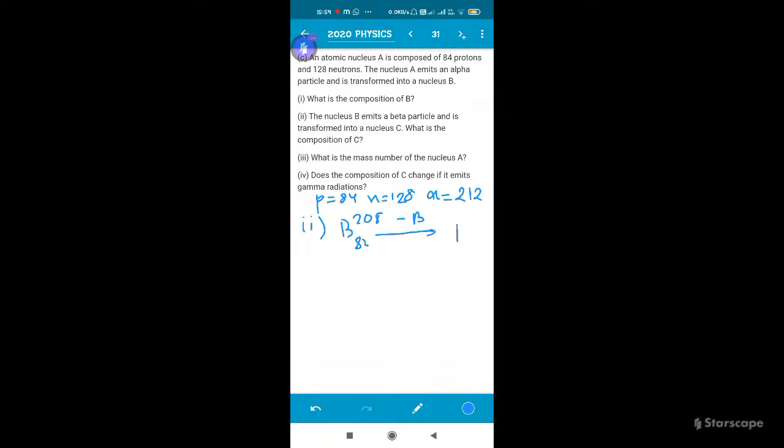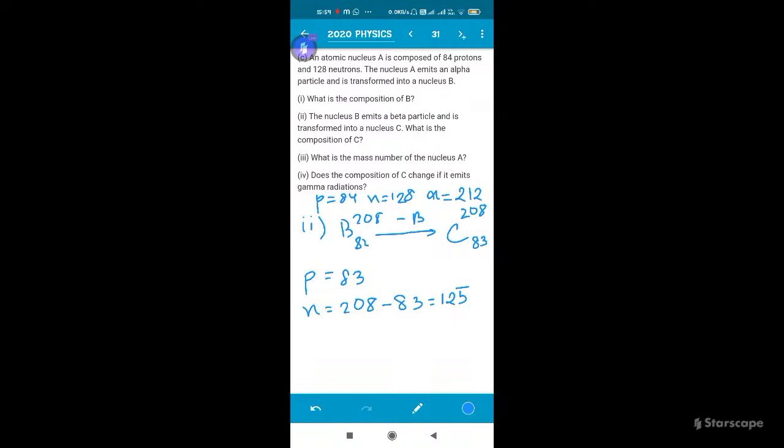The atomic number is increasing by 1. So 82 becomes 83 and the mass number remains the same. So 208 remains 208. So what is the composition? The proton number is 83, but the neutron number will be equal to 208 minus 83, which will give you 125. So the answer is 125 in this case.